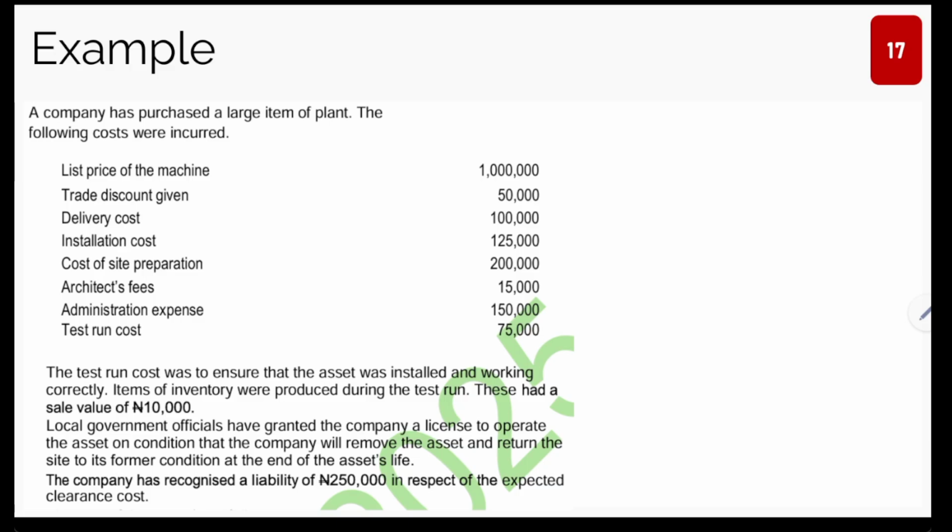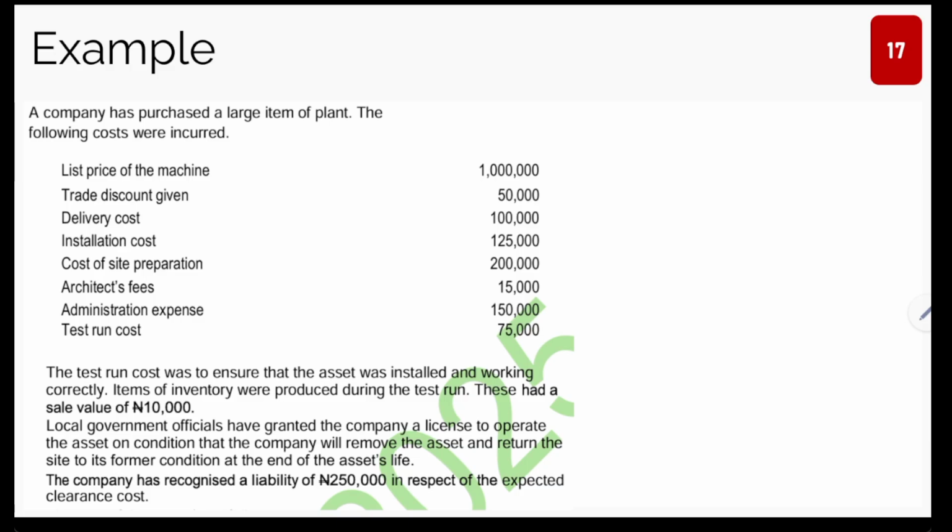Local government officials have granted the company a license to operate the asset on the condition that the company will remove the asset and return its site to its former condition at the end of the asset's life. The company has recognized a liability of 250,000 in respect of the expected clearance cost.